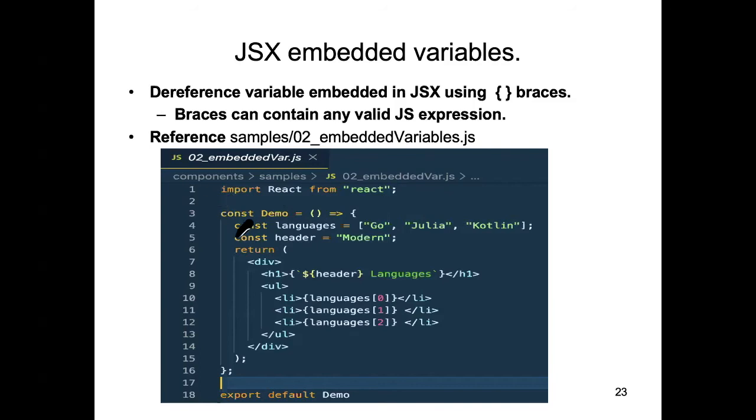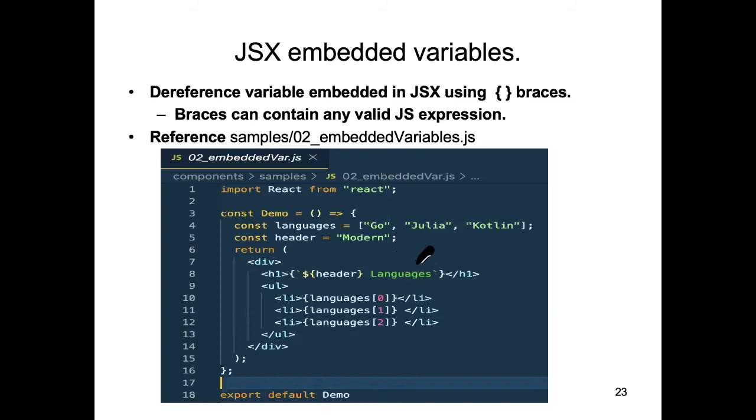And so the screenshot here shows you a very simple example in that I'm just declaring some variables. Okay, they're internal to the component for now, but that'll do for now. Eventually we'll pass them in. And I've got an array and I've got a string. And here's my JSX. And here it looks like I'm embedding an expression. In this case, what I'm doing is I'm using string templating to construct a string. So all of this has to be evaluated first of all, before it can be part of the eventual JSX.